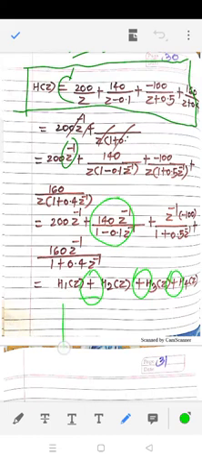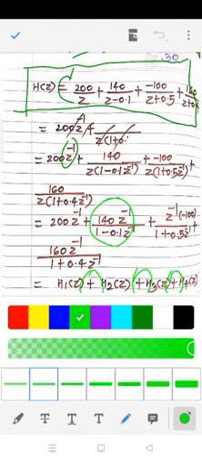How you get this? You have to see here z inverse, which, okay, I will use a different pen. I will use violet color.